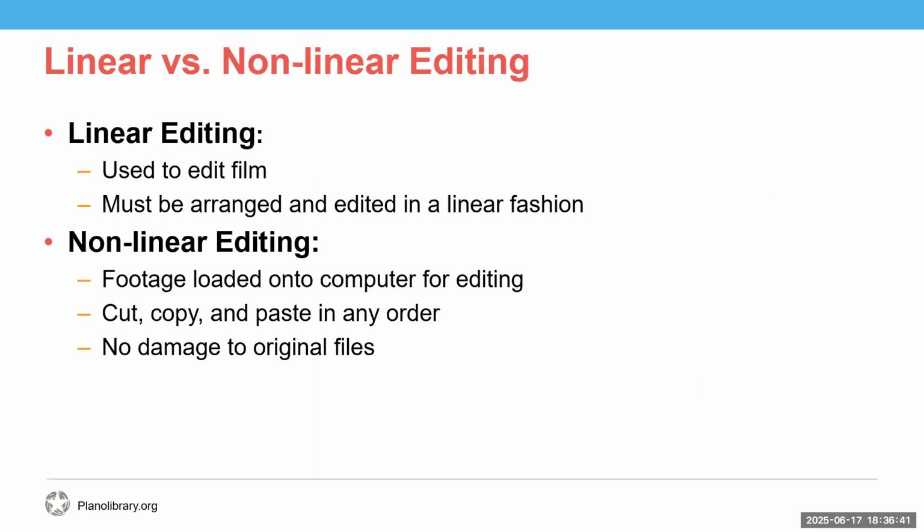This style of editing has mostly been replaced with non-linear editing, which has become possible with digital video editing software such as Premiere Pro. In non-linear editing, editors are able to work on clips in any order, and they have the flexibility to cut, copy, paste, in any order while preserving the original content. You can start editing wherever you like, whether that's in the beginning, middle, or at the end. And you can also undo your edits and rearrange clips as you see fit.